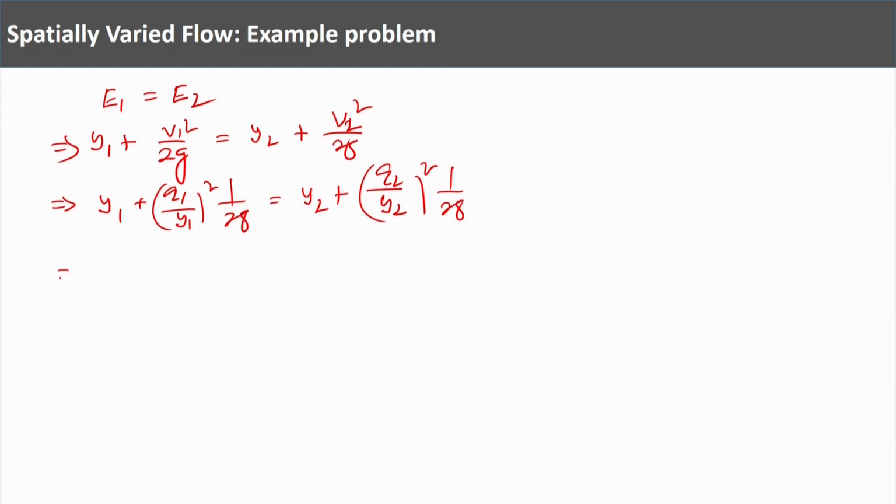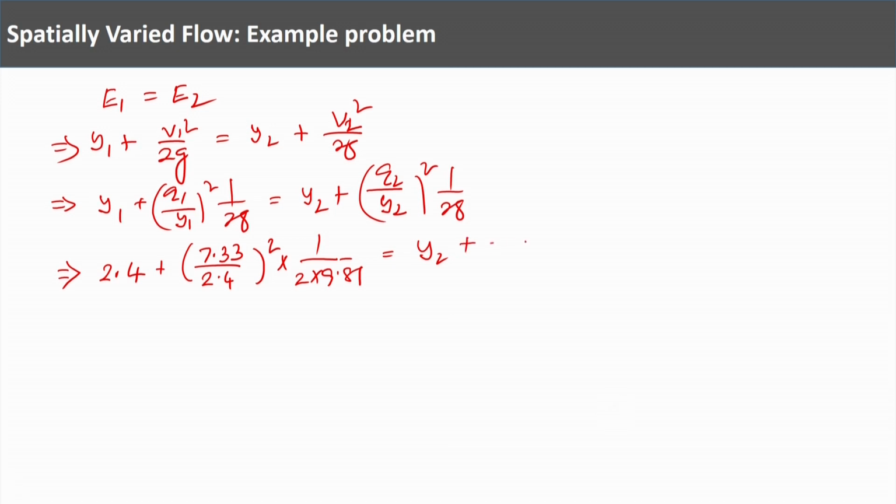Okay. Put the value of y1. y1 is 2.4 plus q1 is 7.33, y1 is 2.4 whole square into 2 into 9.81, which is equal to y2 plus 1 by y2 square and q square. q is 4.89 square divided by twice g.